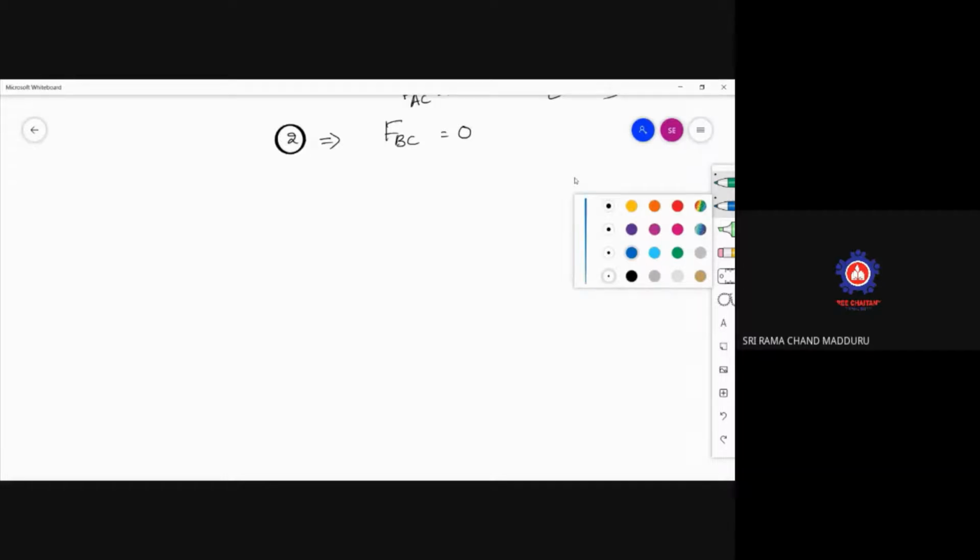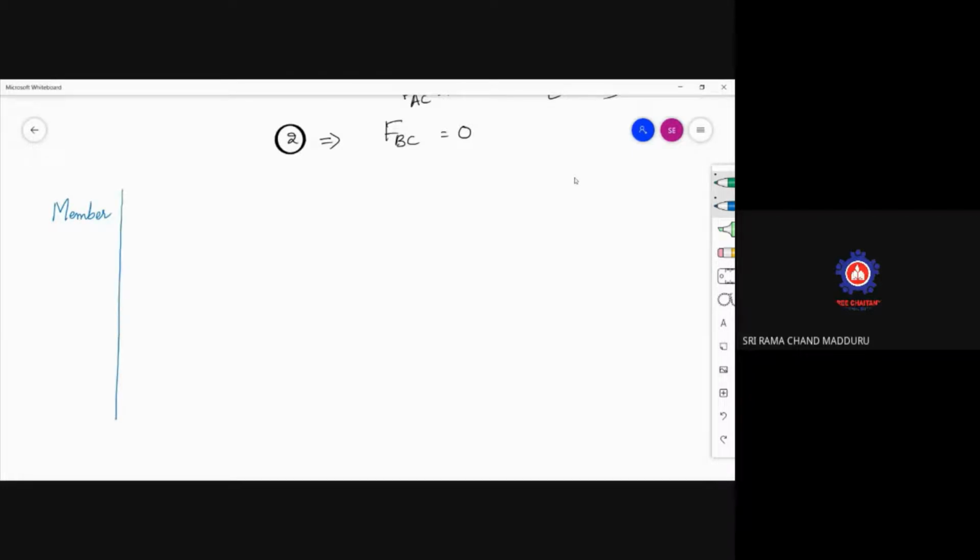Here there are 6 members. We will write down each member, then the length of the member, and the force in each member. In our method of joints, we write the magnitude of the force as well as the nature of the force.